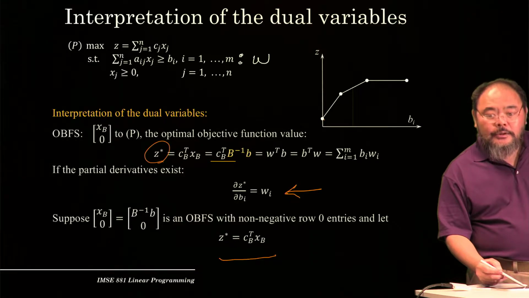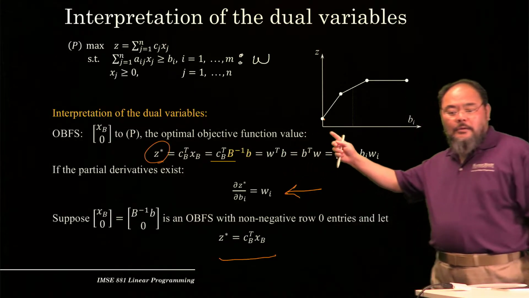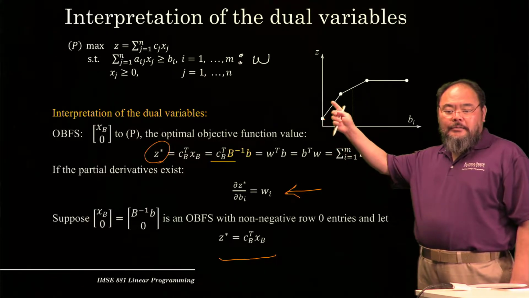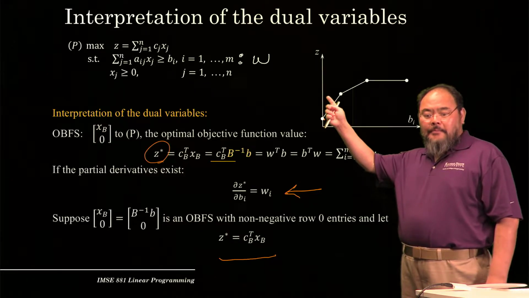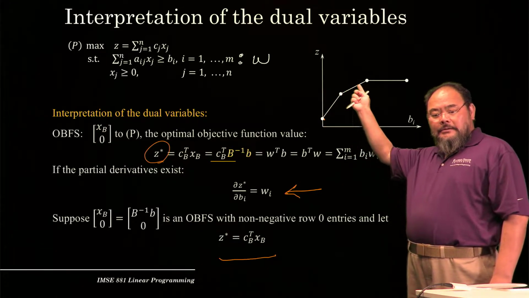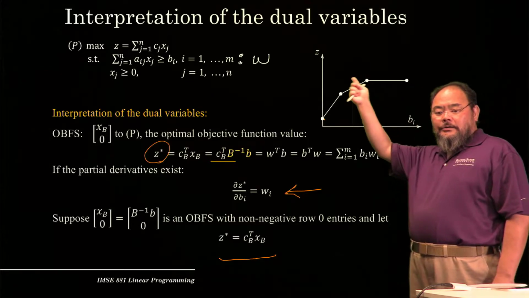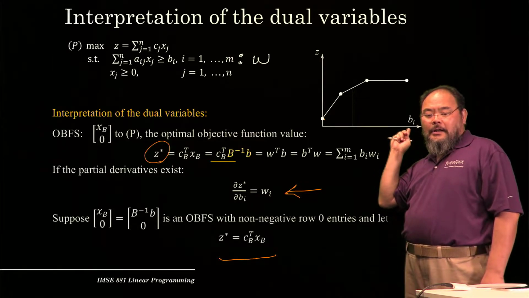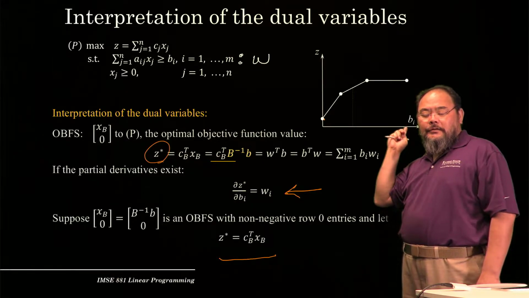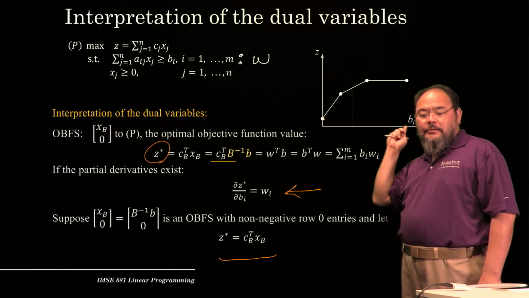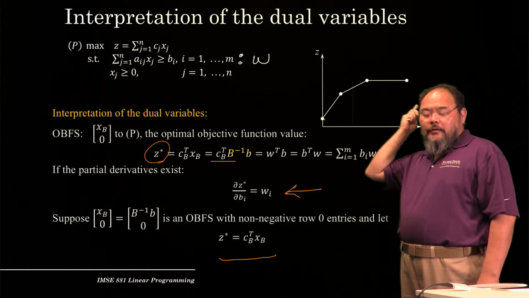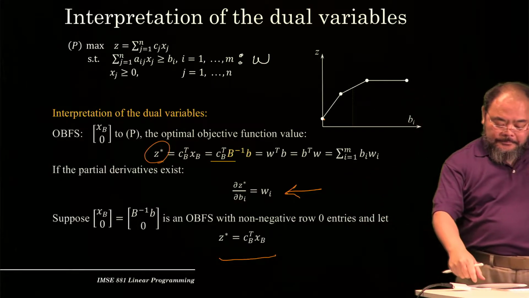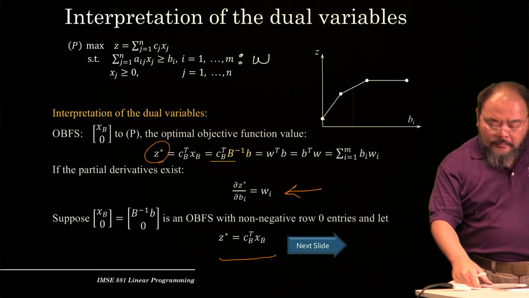Current z is right here, currently when b is right here. If I keep increasing b, I can keep increasing my objective function, but after several breakpoints it is not going to change my objective function anymore. That means I have sufficient bi on the right hand side, sufficient resources, and we don't use up those resources anymore. So giving even more bi will not impact my objective function value. We'll see that in the next slide.